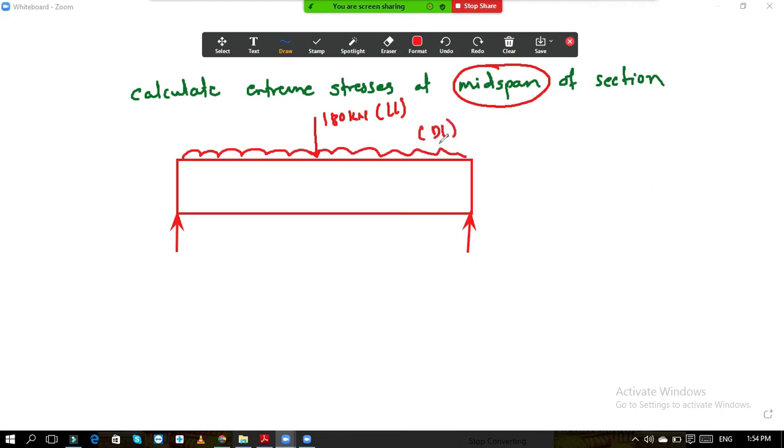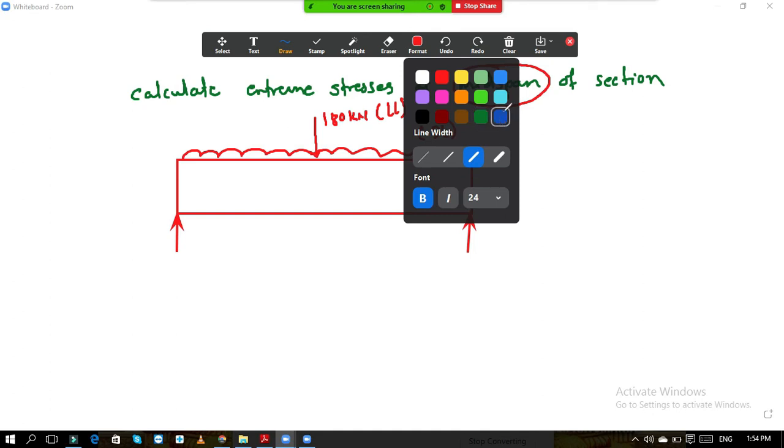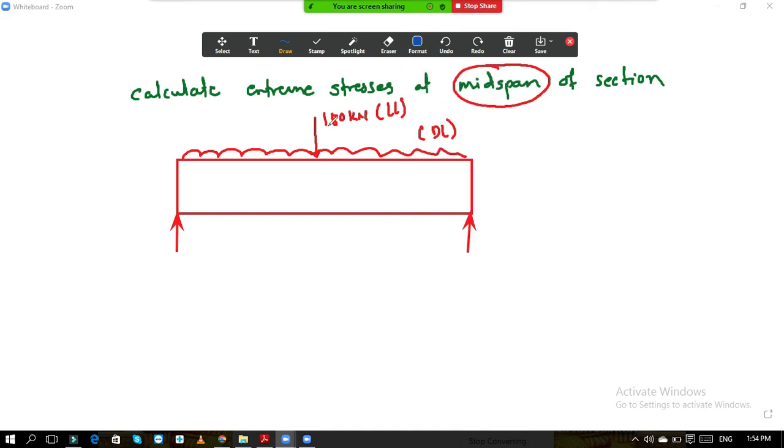This was our dead load. Okay, so what will happen? So if I draw the diagram, due to this 180 kilonewton load, what will happen? Beam will bend. Okay, due to the combined action of these two, the beam will bend, and the bending of the beam will be in this direction.